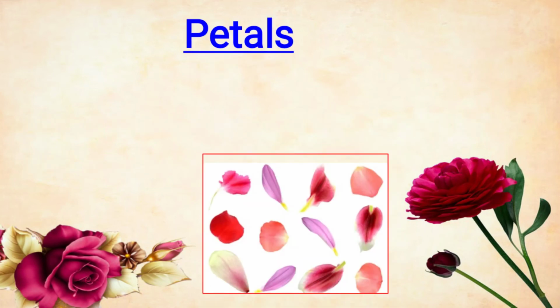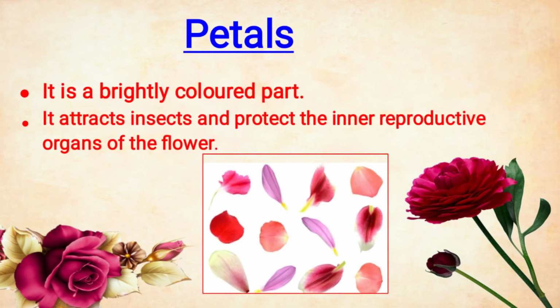Next one is petals. You can see in this picture petals of different colors, shapes and sizes. Petals are the brightly colored part of the flower.